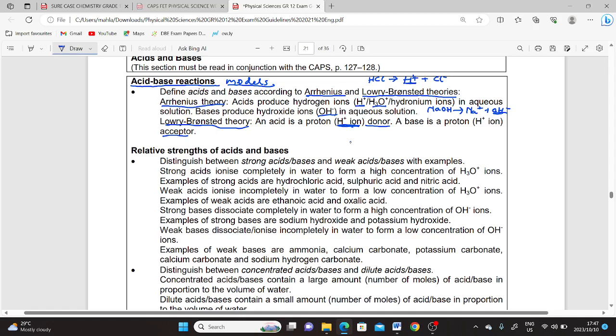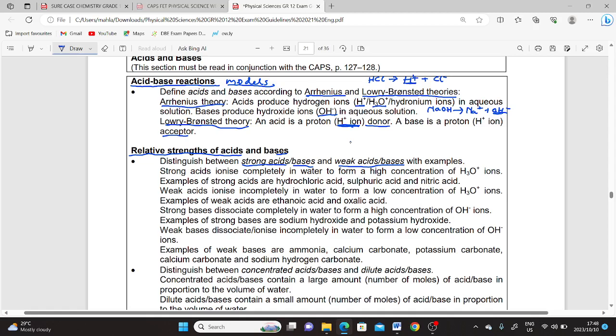Now relative strength of acids and bases. So re check maatla a di acid and base na di measure jwang gore e na le maatla. Now there's a distinction, re fumane phapano magareng ga strong acid or base and weak acid or base. So here are the examples.